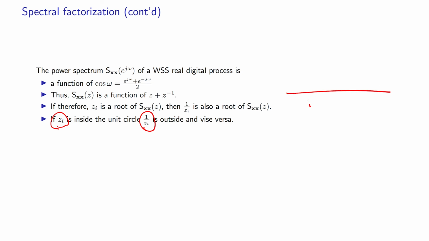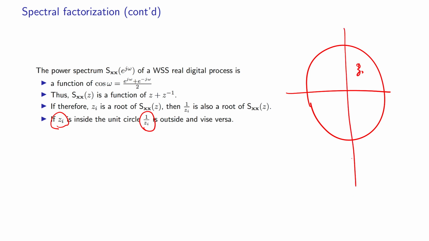If the circle is like a mirror, here is z, then 1 over z has the same angle, but it becomes 1 over z. So if this point is close to 0, this 1 over z is close to infinity. So this is how we can do power spectral factorization.